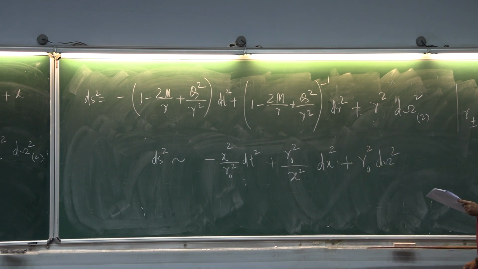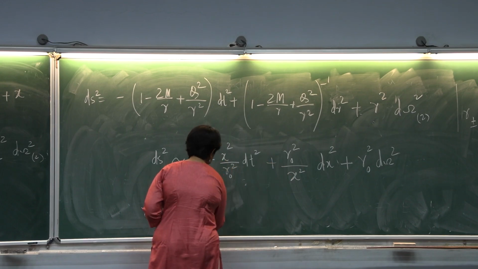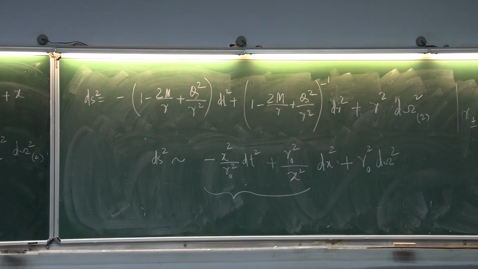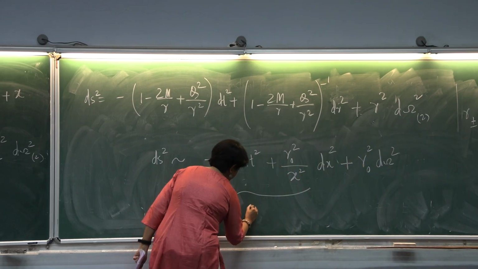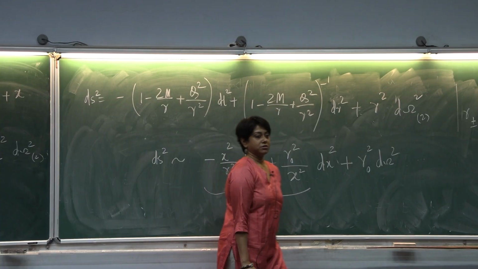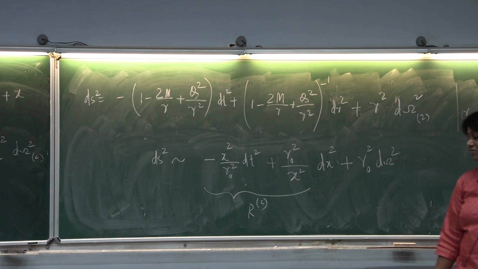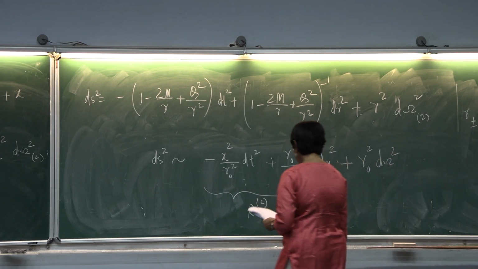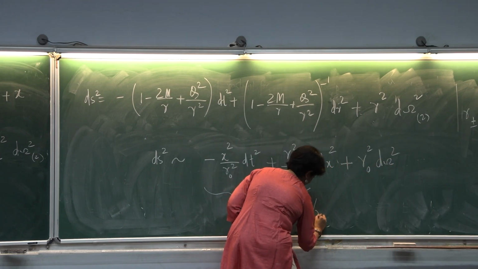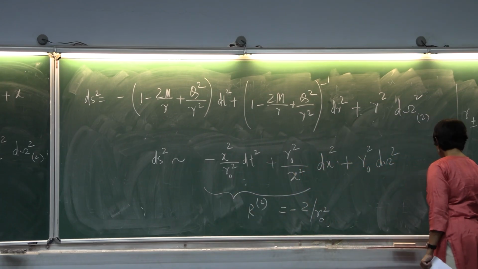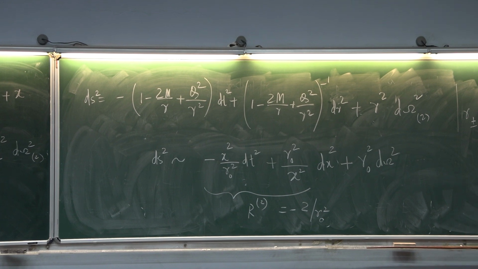So from this metric, if I focus only on the t-r part of this metric and try to calculate the Ricci scalar in this dimension, that means R2, which actually gives us the curvature of the space-time, this R2 comes out as minus 2 by r0 square, which is less than 0. So a negative curvature space-time is known as anti-de Sitter space-time.